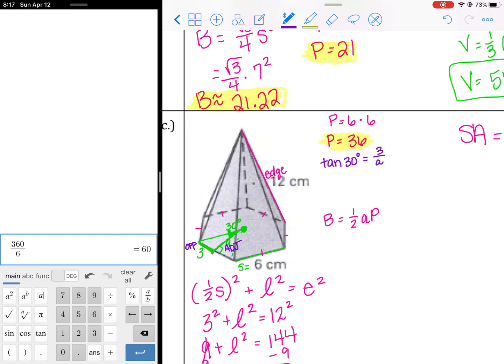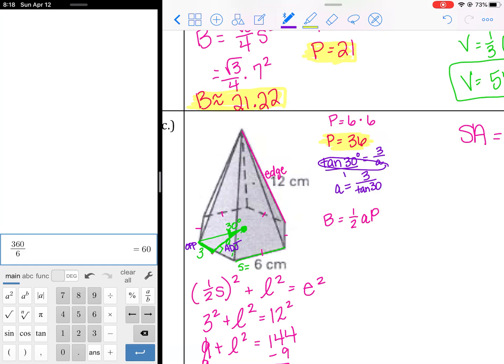All right, so here my variable is on the bottom. So remember that property of cross products, which says that cross products can switch places. So I'm going to flip those around, and this is going to be A equals 3 divided by tangent of 30.